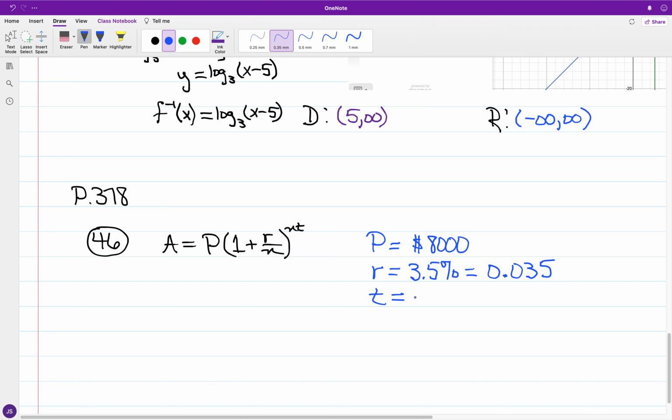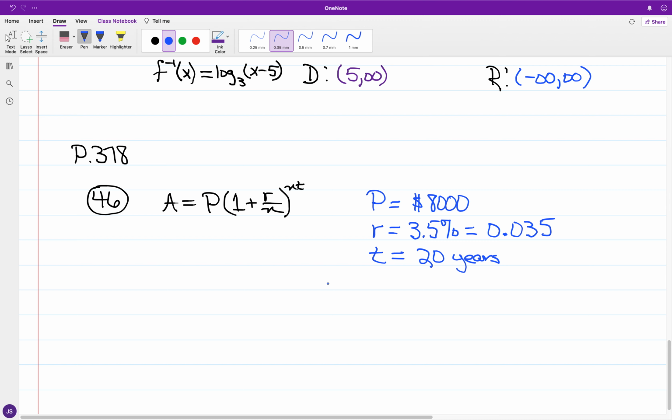And the time span, we're looking at 20 years. If we're looking at the future value after 20 years, say in the first capacity, annual compounding, then n is equal to 1.